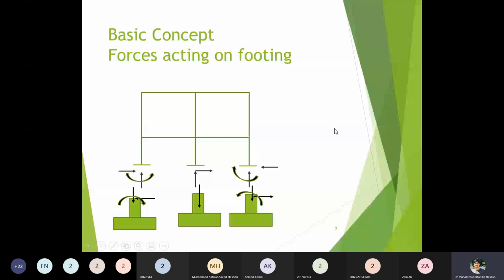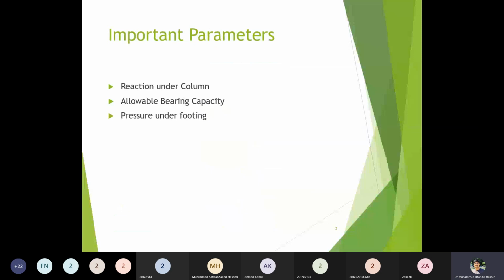So how are these reactions computed? You make the model of the building and analyze it, and then these reactions can be computed. When the reactions are known, you need the other parameters, and these parameters are the allowable bearing capacity, and then you can find out the pressure under the foundations.